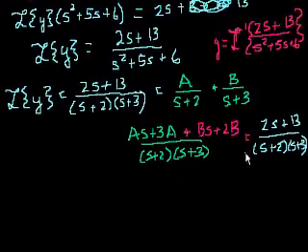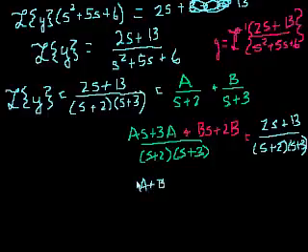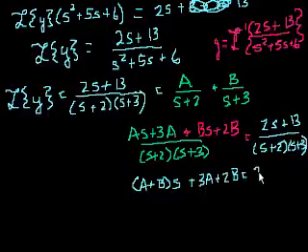So now what we do is we match up. Let's add the s terms here. The numerators have to equal each other because the denominators are equal. So we have (a plus b)s plus 3a plus 2b is equal to 2s plus 13.